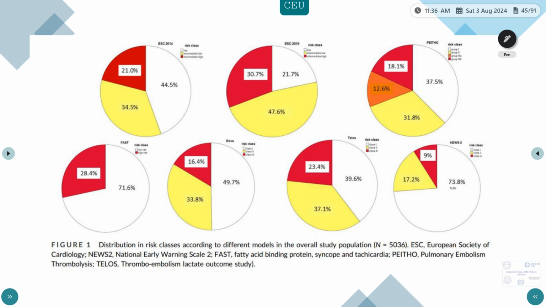Again, we do not want a lot of people to be classified as high risk, because that would mean more patients admitted to the hospital and overburden of the hospital facility. So the BOA score classified 16.4% as high risk, while the ESC showed 21.7% as low risk. That means they could be managed as outpatients. So this was the risk stratification among different scores.